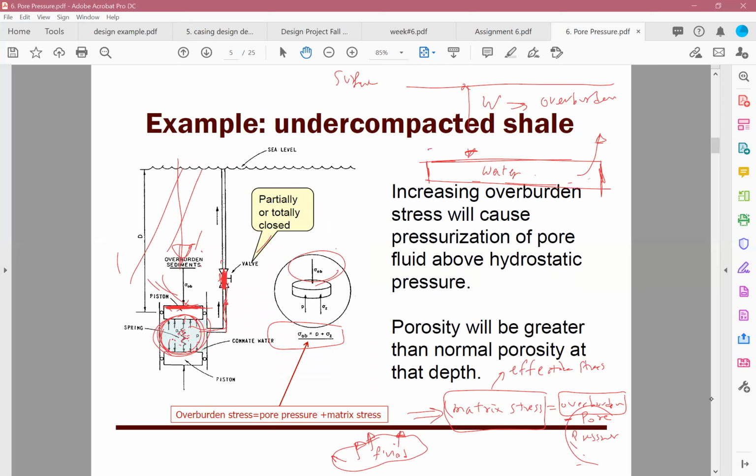One reason is that you have a shale formation on top of your actual formation. And as you know, shales are very low permeable and very low porous type of rock, right? So they do not allow your water or oil or gas, whatever you have, to escape from it.